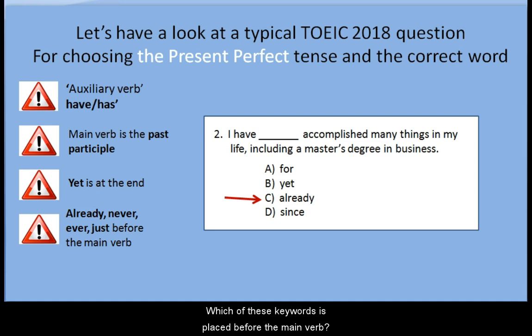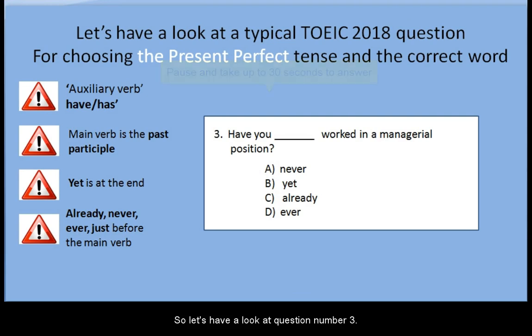Which of these keywords is placed before the main verb? Already, answer C. Since, for, and yet all come at the end of the sentence. I have already accomplished many things in my life, including a master's degree in business.